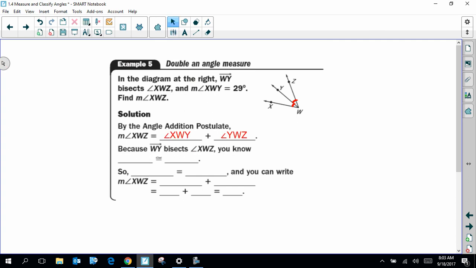So I can show that the two angles add together to be angle XWZ, or I can say that angle XWY is equal to angle YWZ, which is what we're saying here when we say that they're congruent. So that allows me to say that the measurements of the angles are the same, and say that if one of them is 29, the other one has to also be 29, so the overall angle that we're looking for, XWZ, is 58 degrees.